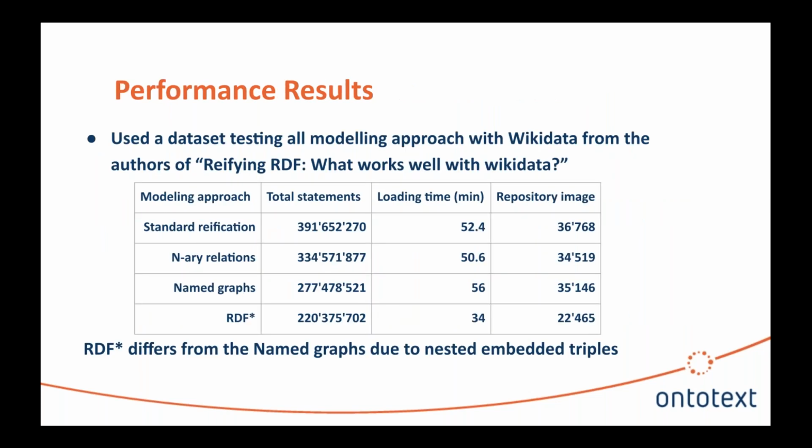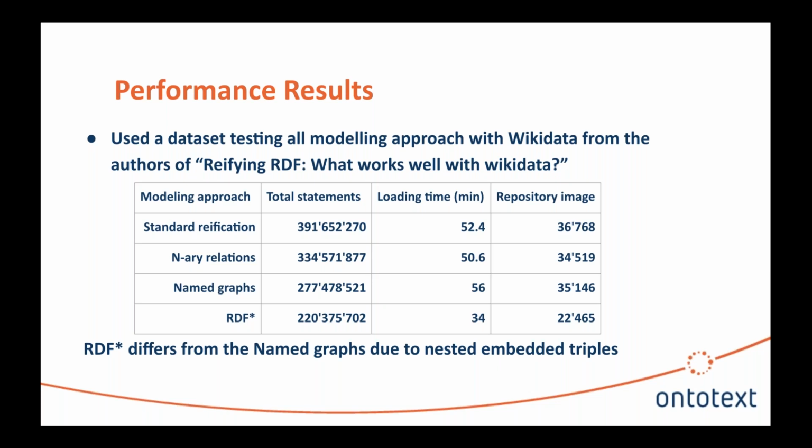So let's take one practical example, because so far we were talking only about abstract modeling things. I'm going to point you to one very interesting paper which originated a couple of years ago, and it was covering the modeling approach of Wikidata, how you can do the reification of RDF, and what will work well for Wikidata.